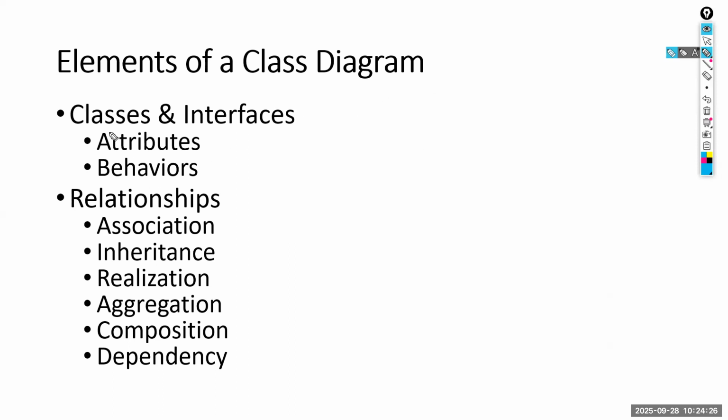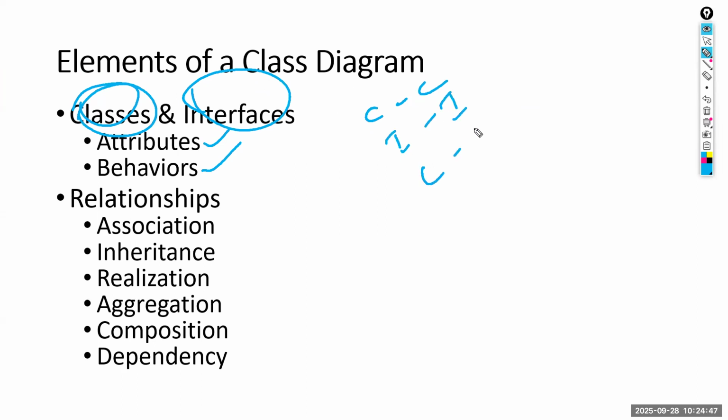Obviously, it has classes and interfaces, and inside your classes and interfaces, you can have attributes and behaviors. Then relationships between the classes and interfaces, or interfaces and interfaces. You can see class to class relationships, interface to interface relationships, or class to interface relationships. Okay.